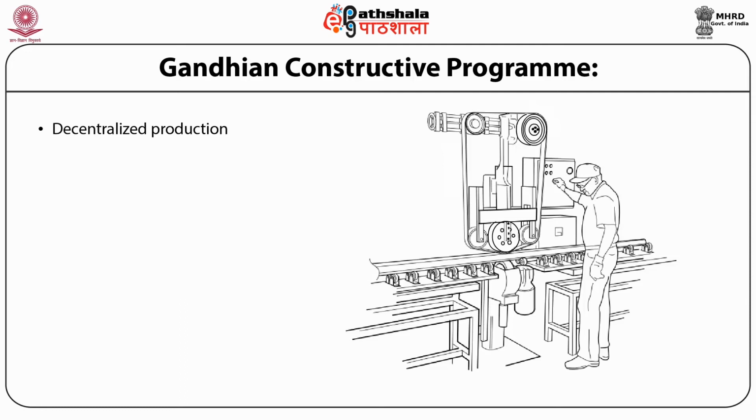The second point of Gandhian economy included equitable distribution of resources. The person who is contributing to any event or an activity, in whatever capacity, should get his due. So that is the premise of equitable distribution. Depending on your capacity, your ability, your skill, your income is going to be increased or decreased.